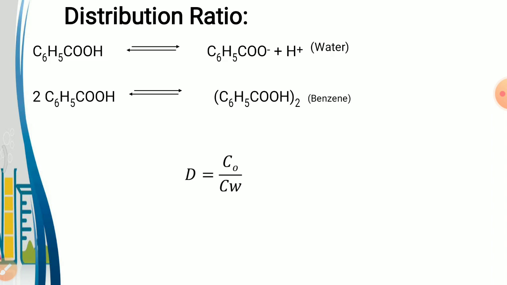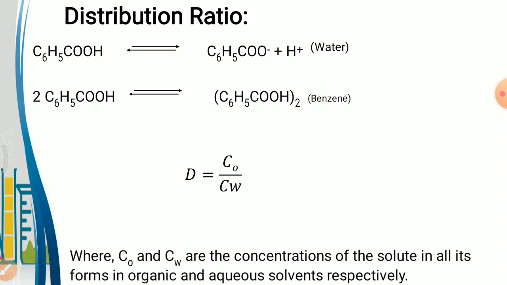In the first case, benzoic acid gets slightly dissociated into its ions in the aqueous layer as shown in the reaction, while it gets associated, that is, it gets dimerized to form its dimer in benzene as shown in the second reaction. So in this case, D stands for distribution ratio, and CO and CW are the concentrations of the solute in all its forms in the organic and aqueous solvents respectively.